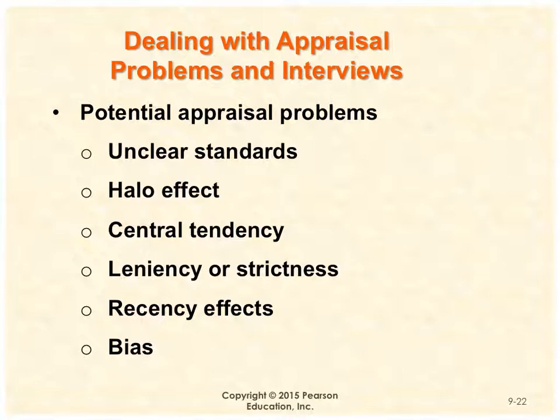We also have what's called recency effects, where we oftentimes appraise people on the most recent things that have happened. If somebody's had great performance for the past 11 months, but for some reason has irritated you within the last month, we're automatically going to assume the worst of that person. Or they have slacked off within the past couple days before doing the appraisal, and we allow that to cloud our judgment.